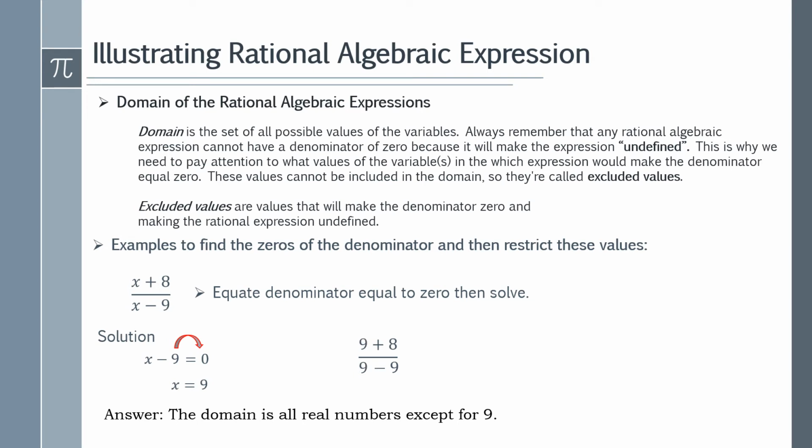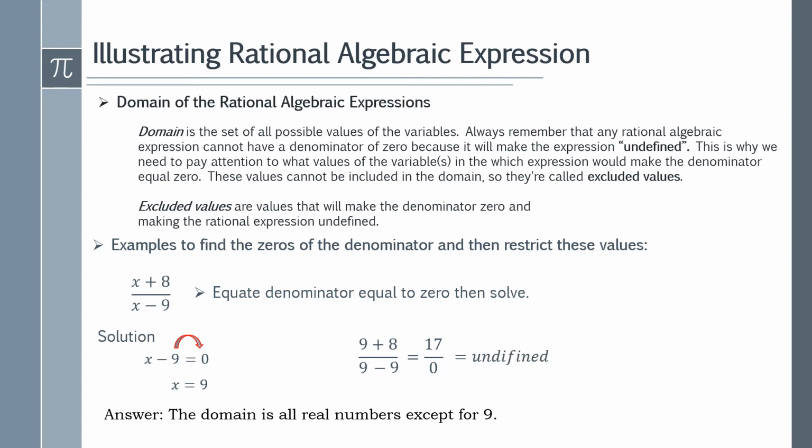Okay. This time, nag-substitute tayo. Magiging 9 plus 8 over 9 minus 9, and that is equal to 17 over 0. Class, get your calculator, try to divide any number by 0. Mag-e-error yung calculator nyo. Walang result na ilalabas because undefined.